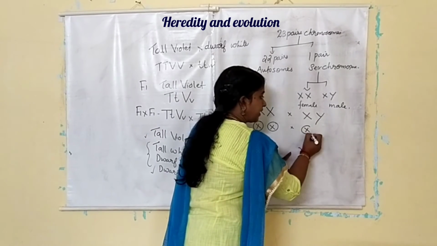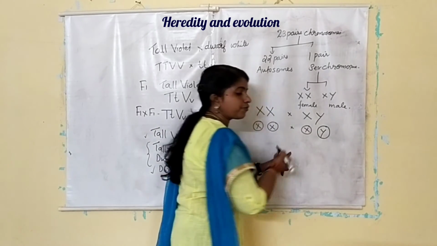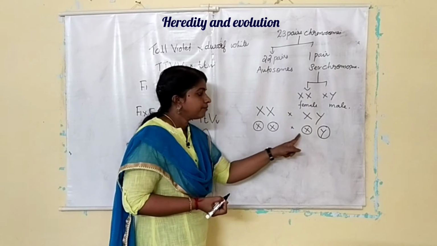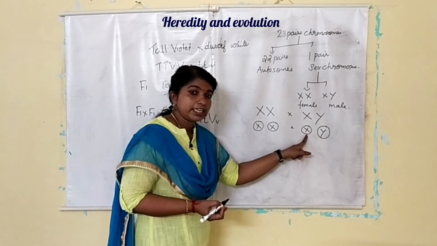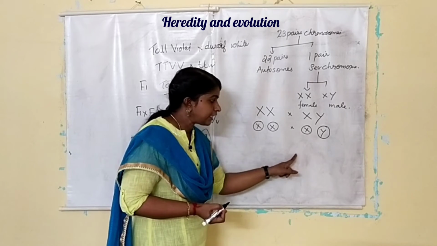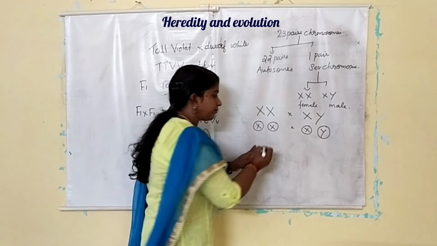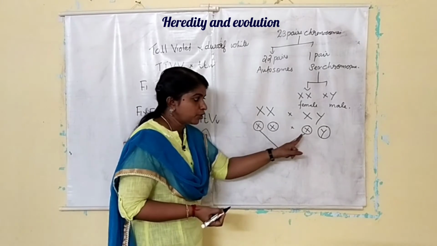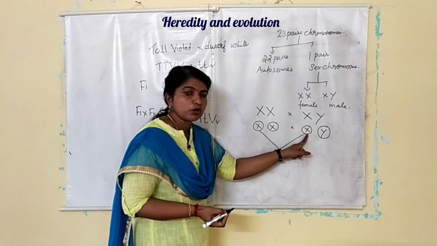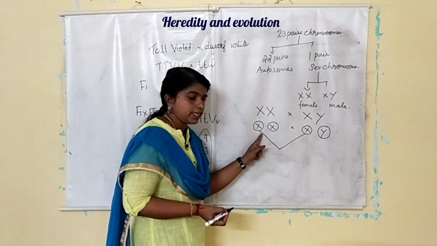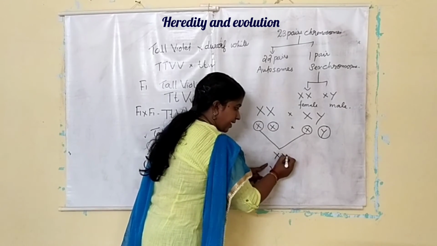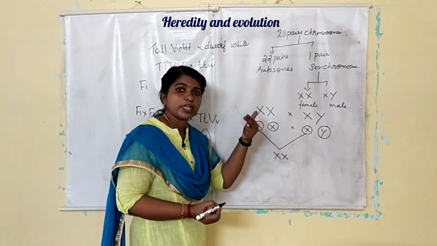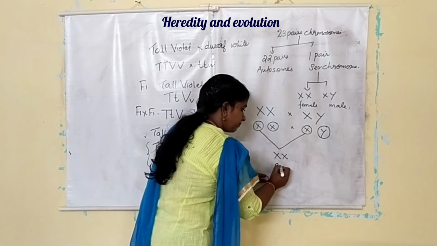Now if a sperm with the X chromosome fertilizes an egg, the combination is XX, so that zygote develops into a girl.